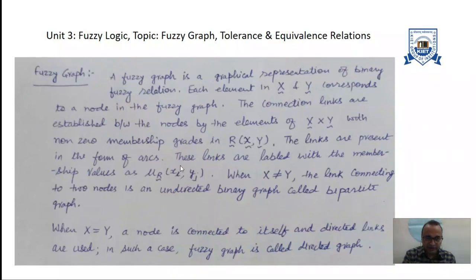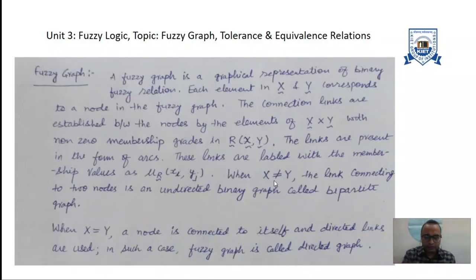For example, in the relation, which is basically the Cartesian product of two fuzzy sets x and y, the ordered pair (xi, yj) bears a membership value, it may be anything. That value will be marked as a label on the arc which is connecting node xi to node yj, right?